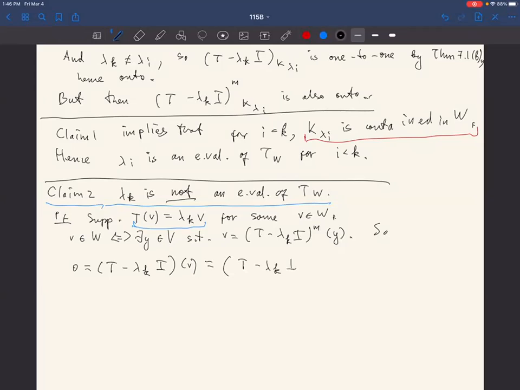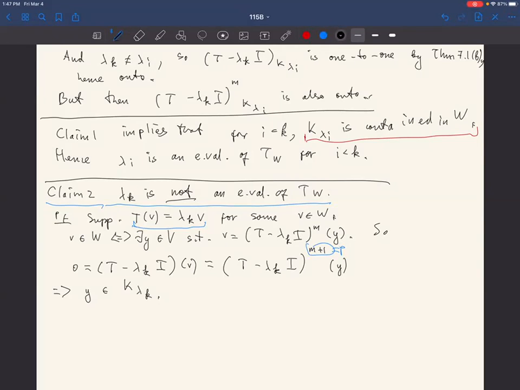So we have (T minus lambda k I) to the power M plus 1 of Y, which we can alternatively write like this, and this is still equal to 0. So this implies that Y belongs to K lambda k, because we can take P to be this M plus 1. This P equal to M plus 1 witnesses that Y is an element of K lambda k.